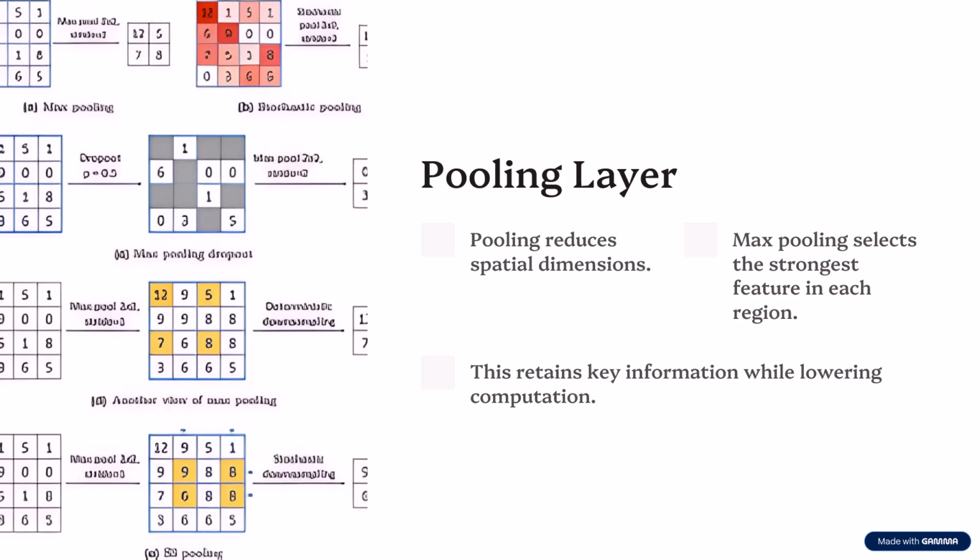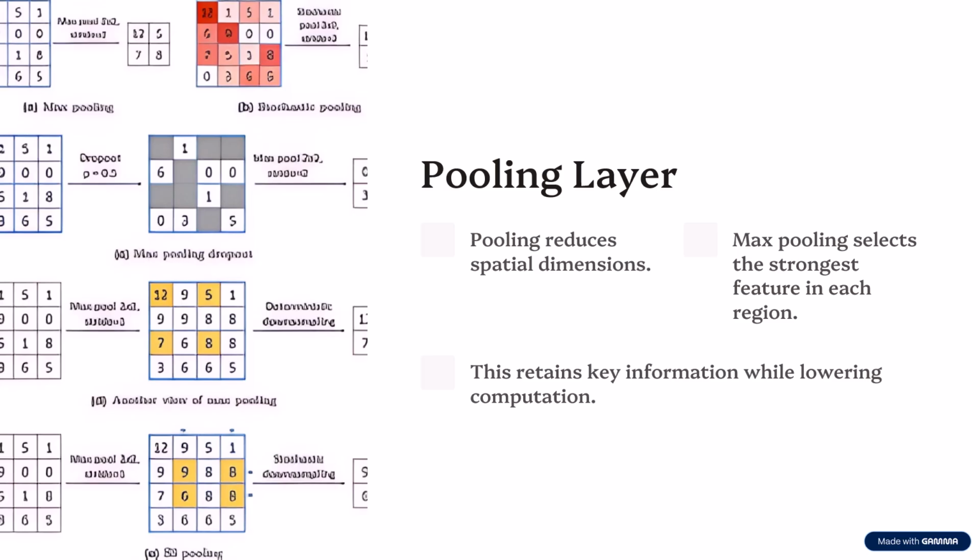The pooling layer is used in CNN to reduce the size of the feature maps that come from the convolutional layers. Its main job is to make the data smaller and easier to process while keeping the most important information. Pooling works by dividing the feature map into small regions and then summarizing each region into a single number.